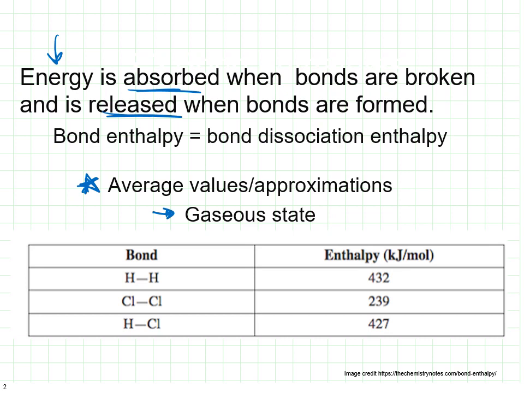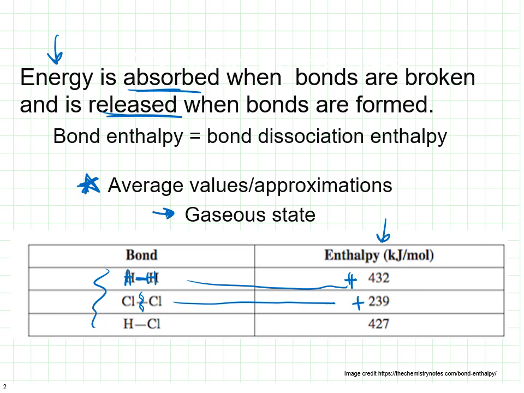We're looking at a couple examples of bonds here and their bond enthalpies. If I want to break a bond between two hydrogen atoms in a molecular hydrogen molecule, I need to add 432 kilojoules per mole. If I wanted to break bonds between chlorine atoms in a chlorine molecule, I would have to add 239 kilojoules per mole.